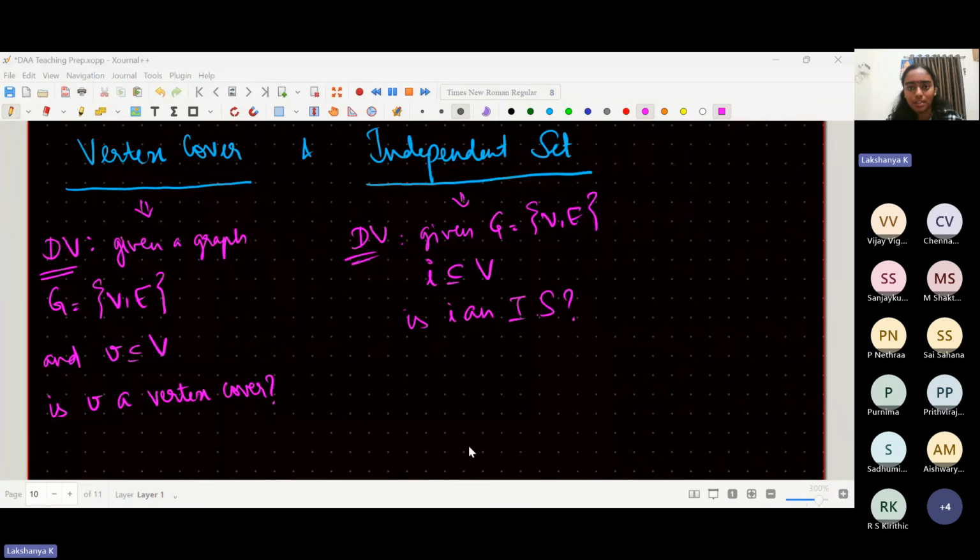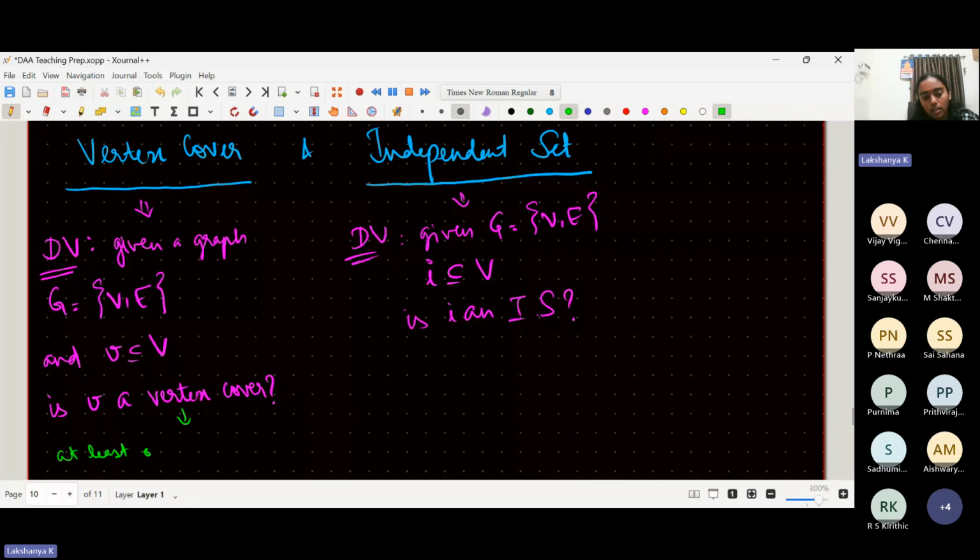Can someone help me out? No two edges share the same vertex. Okay, wait. It's the complement of vertex cover, the opposite of vertex cover. An independent set is a subset of vertices where no two vertices are connected by an edge. Again, it's a subset of vertices. Okay. Yeah. I'll write this down.